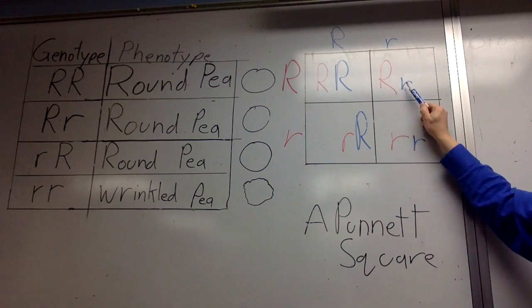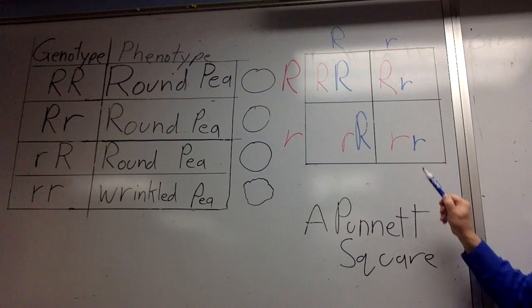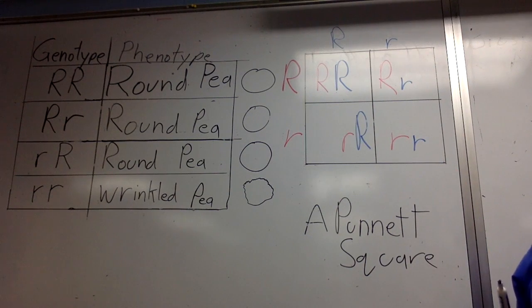They have 1 dominant gene and 1 recessive gene. And 1/4 of the time, 2 recessive genes.